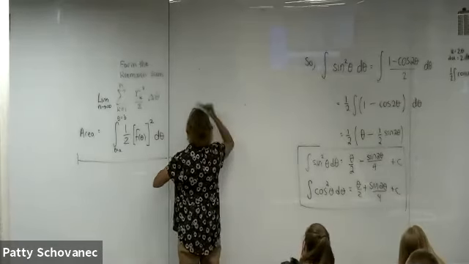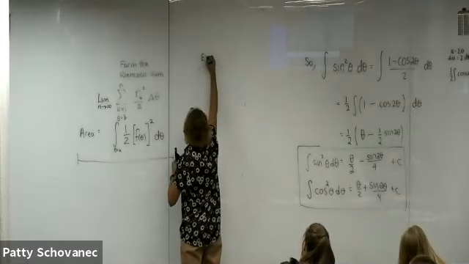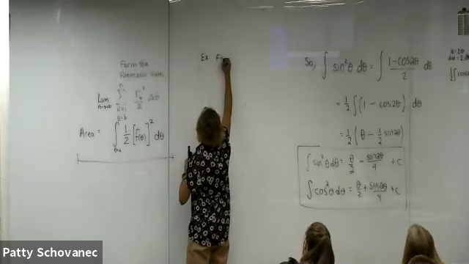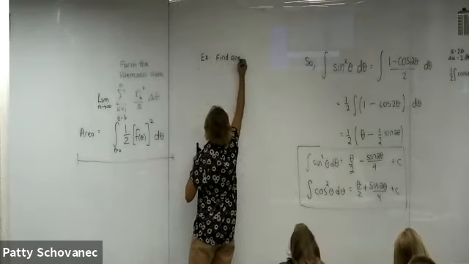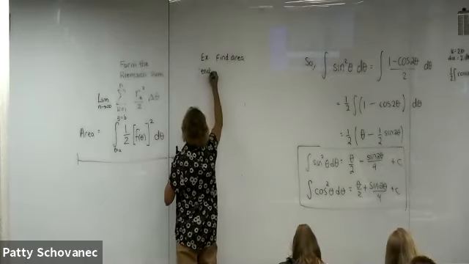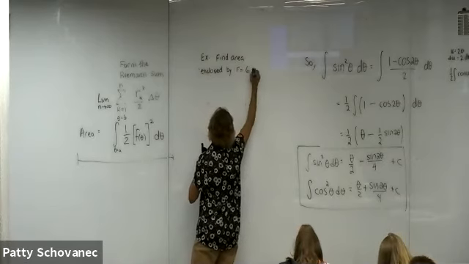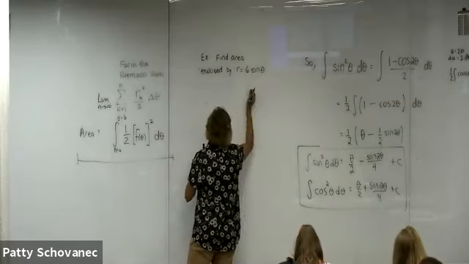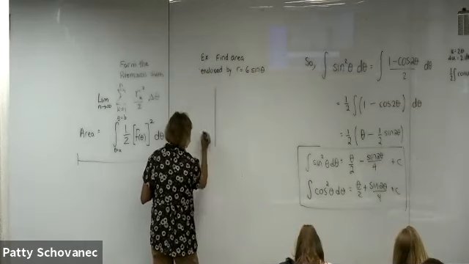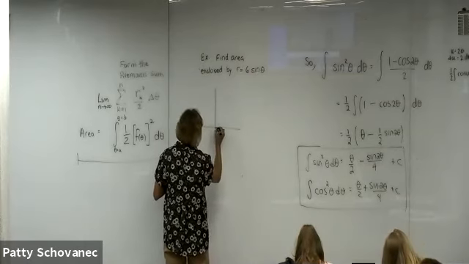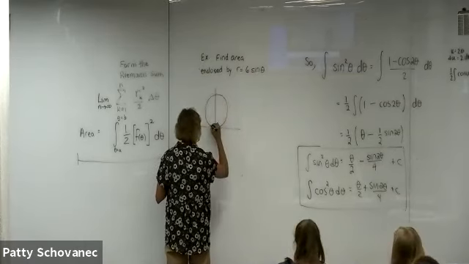So, example. Find the area enclosed by R is equal to 6 sine of theta. We graphed it earlier. It's the circle up here.